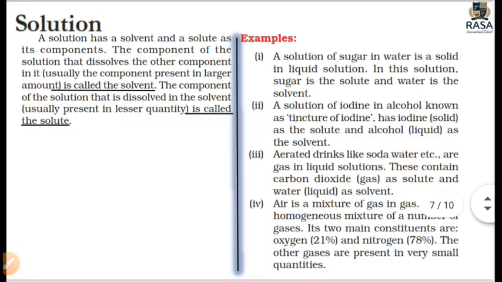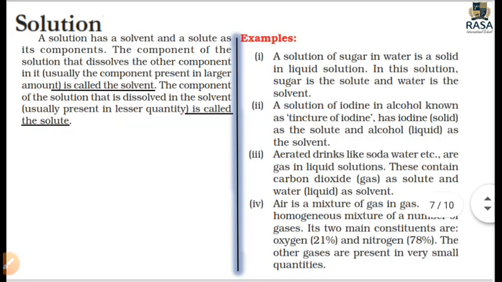The component of the solution that dissolves the other component in it, usually the component present in the larger amount, is the solvent, in which the other thing dissolves. The component of the solution that is dissolved in the solvent, usually present in the lesser quantity, is known as solute.